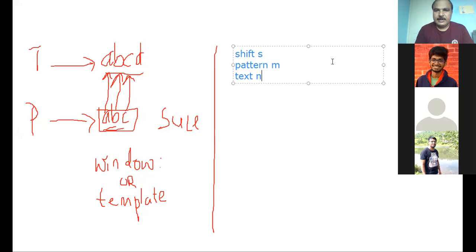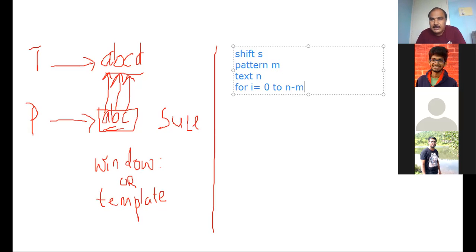So the maximum, we can have the following statement: S is equal to 0 to n minus m. Let us see why.